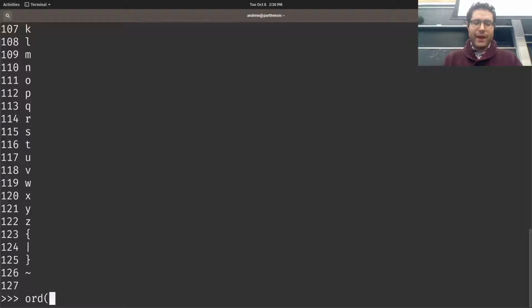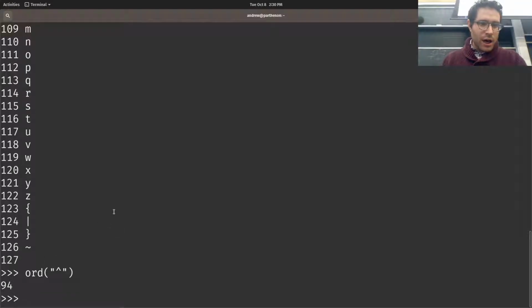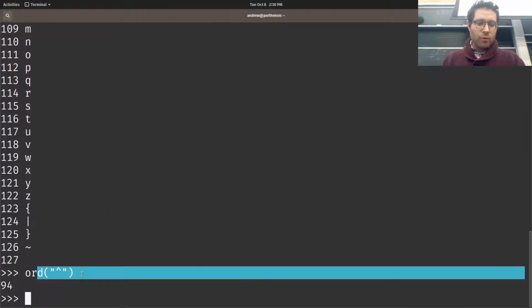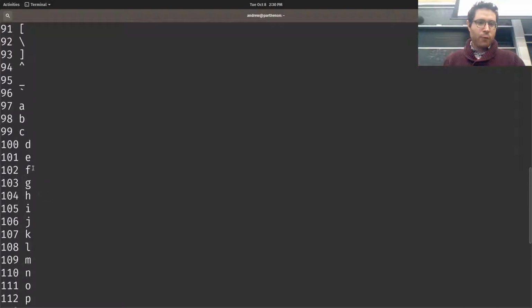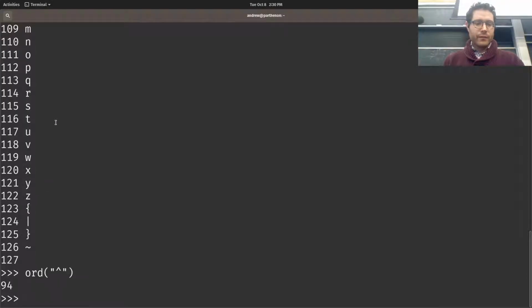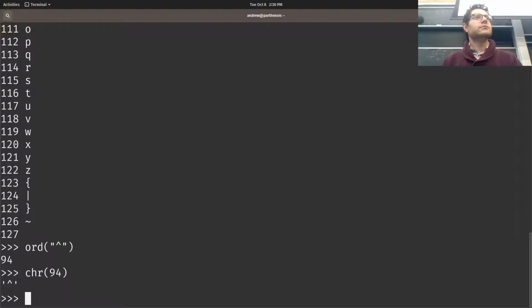We can just try that to confirm. ord of caret, which is not nearly as tasty as the real thing, gives us 94, right? And then if we take chr of 94, that swaps it back to caret.